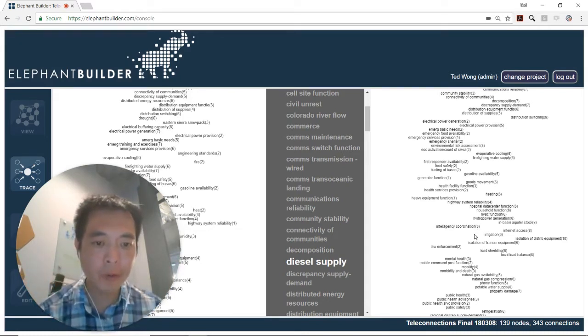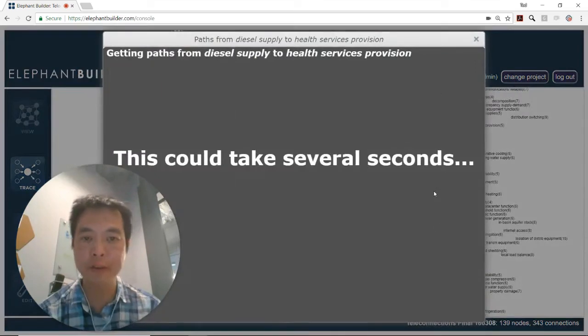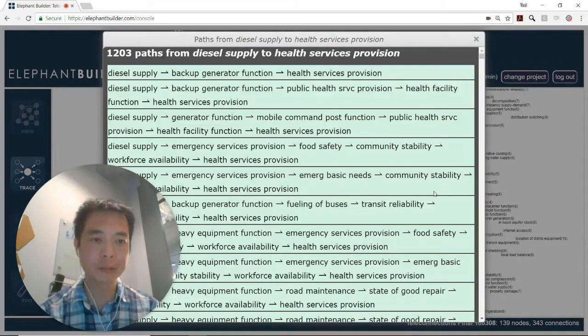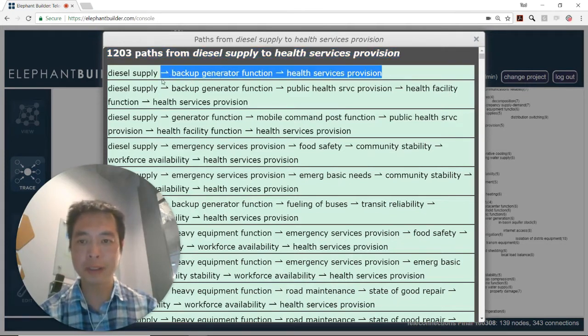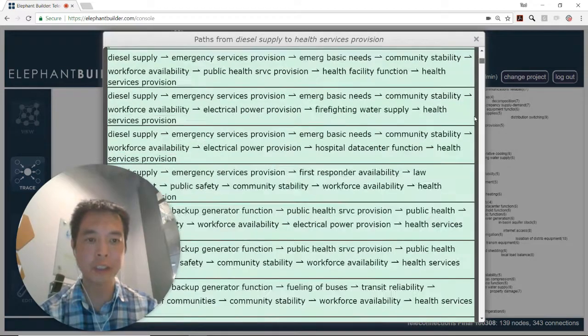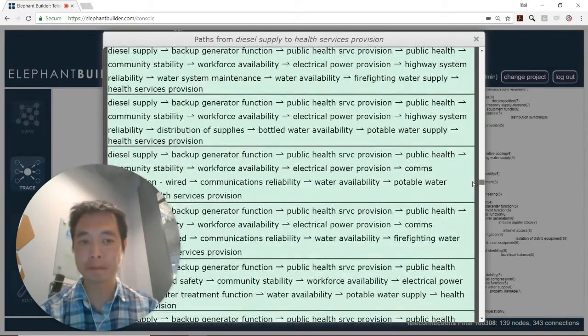And so if I want to look at how diesel supply affects health services provision, and I click on health services provision in the right-hand panel, I see that I have 1,203 paths from diesel supply to health services provision, ranging from short ones, diesel supply, to backup generator function, to health services provision, to much longer ones.